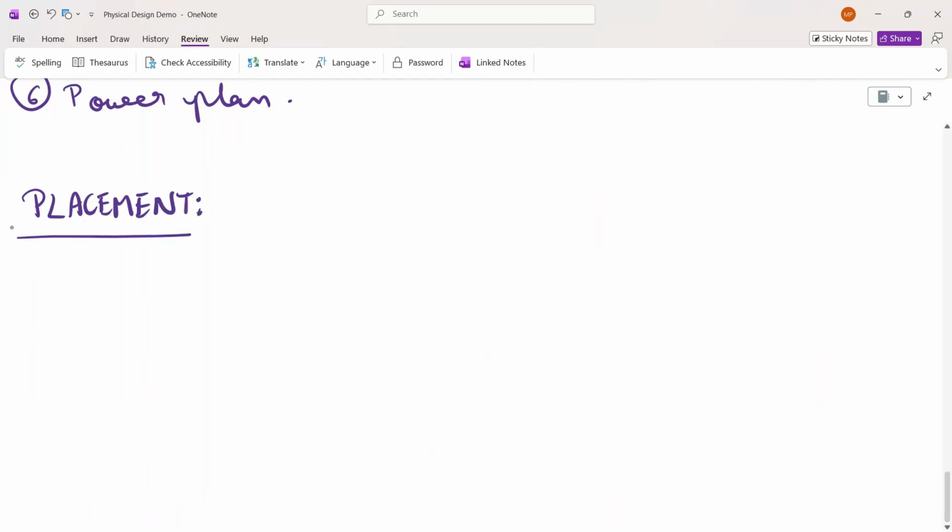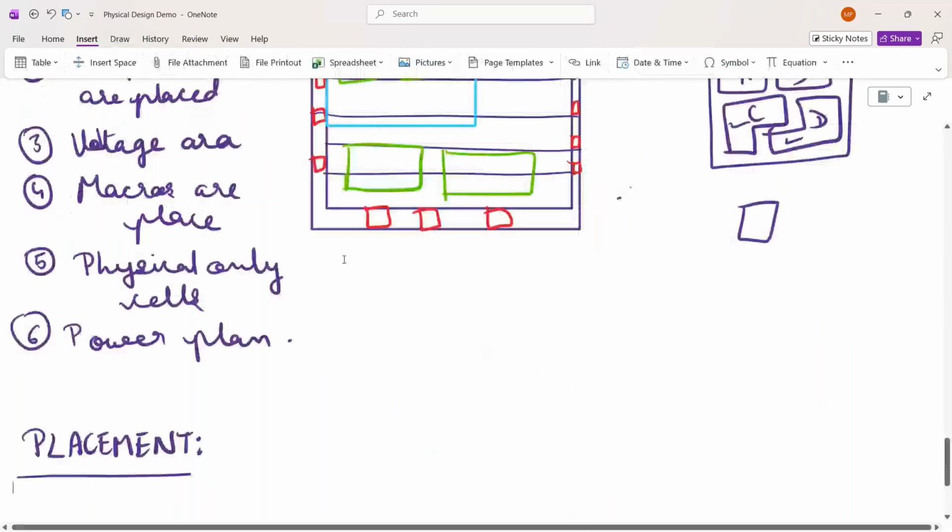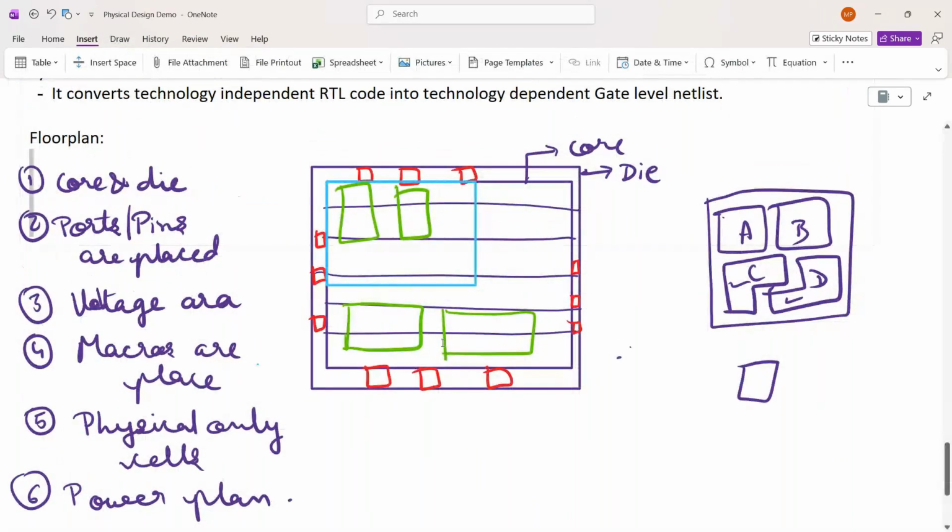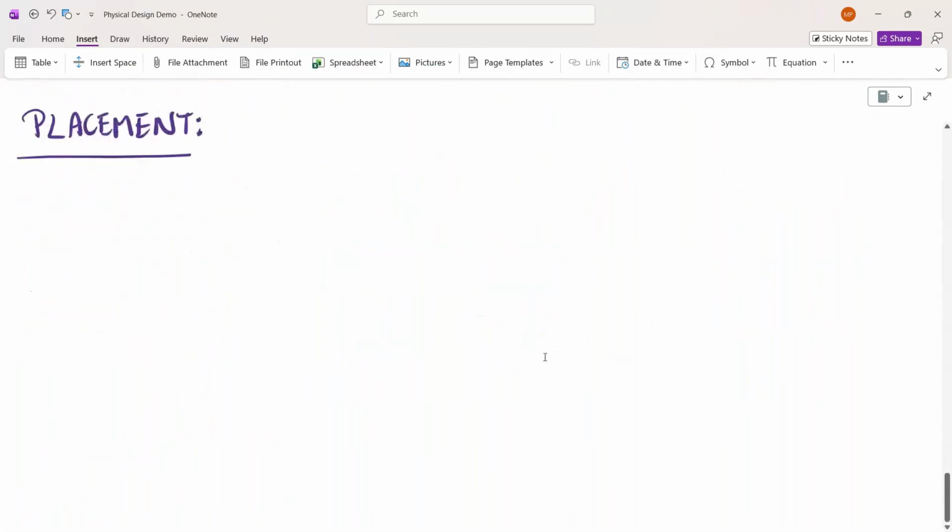Placement. Here, what will happen? Your floor plan diagram is already present, and the core is already present. Now the bigger macros are there, pins are there, everything is there. Now all the standard cells, meaning flip-flop, mux, AND gate, OR gate, NOR gate.